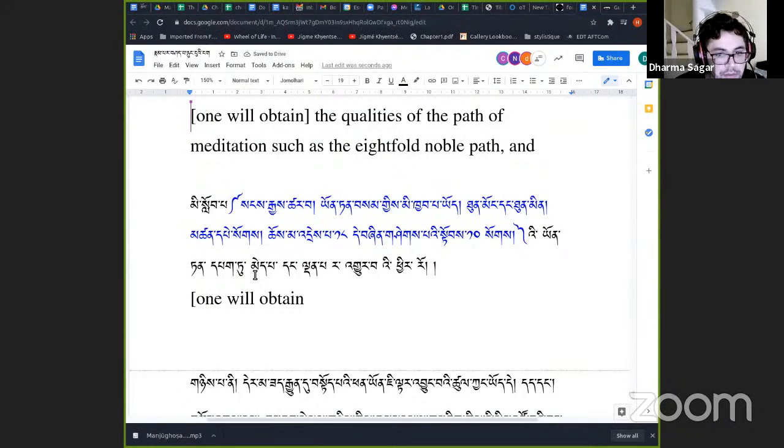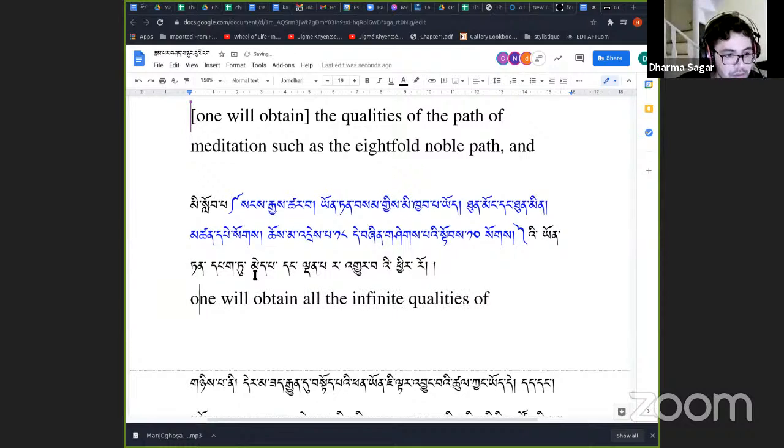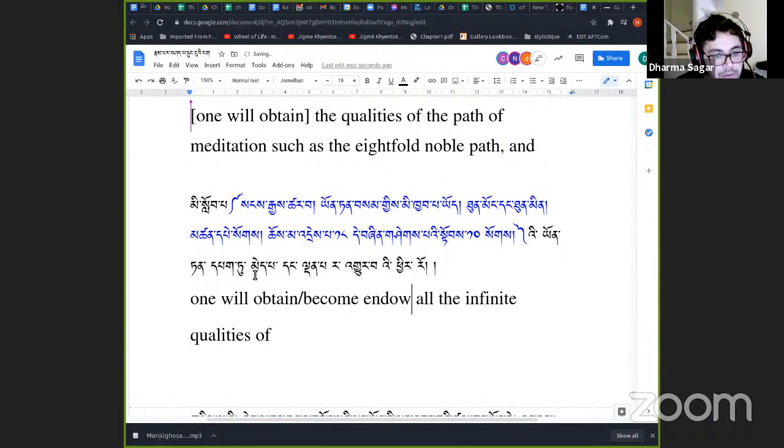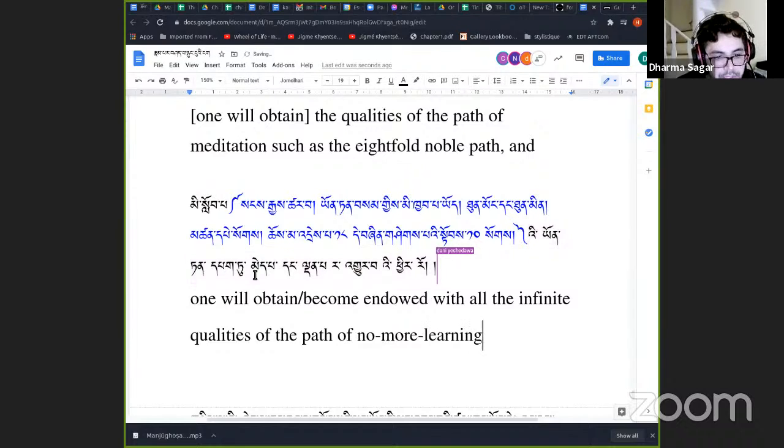Obtain all infinite qualities. Yeah, literally one will obtain or one becomes endowed with all the infinite qualities of the path of no more learning.